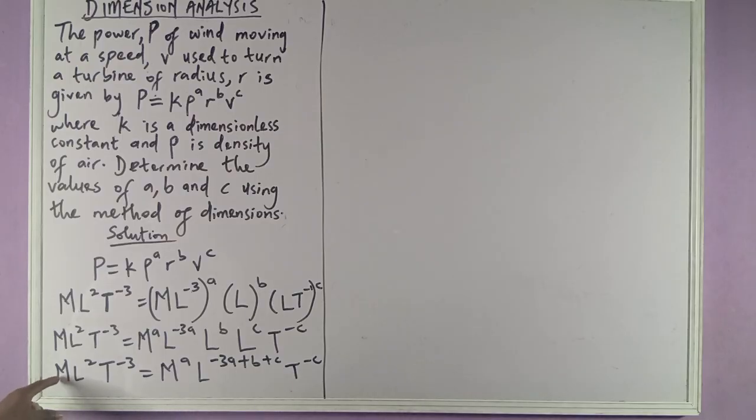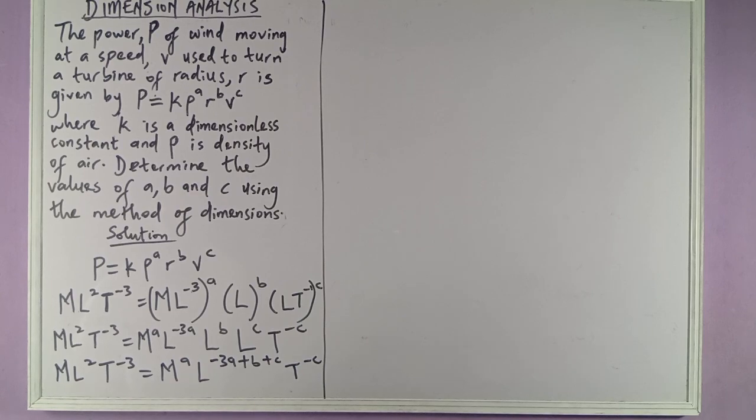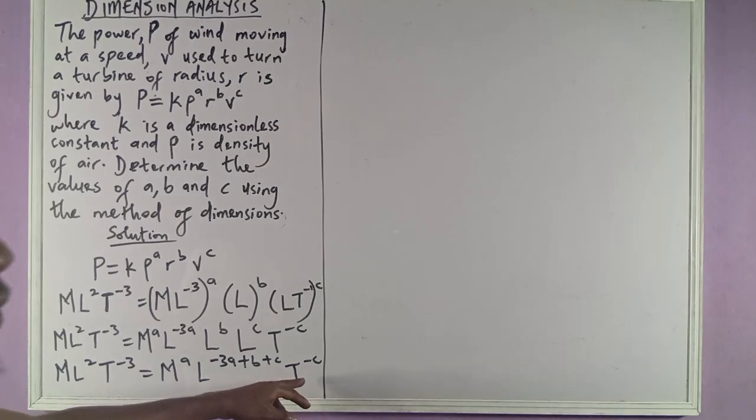You can see m has a power of 1 here, and at this side it has a power of A. L has a power of 2 here, and this side it has a power of -3A plus B plus C. T has a power of -3 here, while T has a power of -C here.